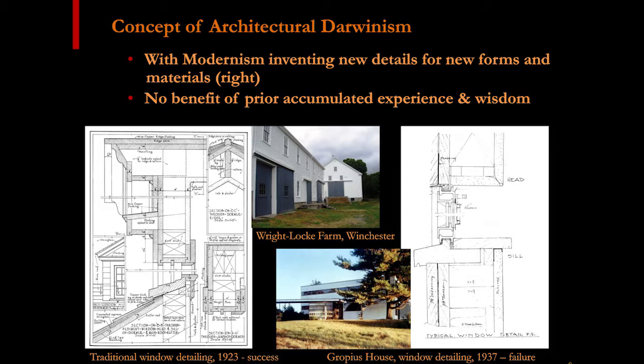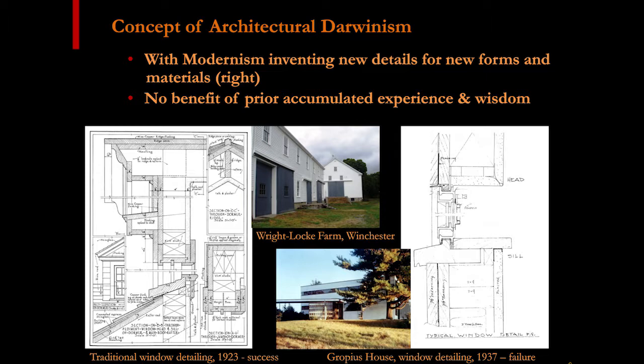Gropius came along and said, well, I'm really inspired by the austerity of this design, the simplicity, the taut volumes, the white envelope, but I'm going to put my own twist on it. Right? Instead of horizontal clapboard, I'm going to use vertical board. Instead of punch window openings, I'm going to use horizontal strip windows. Instead of wood windows, I'm going to use steel.